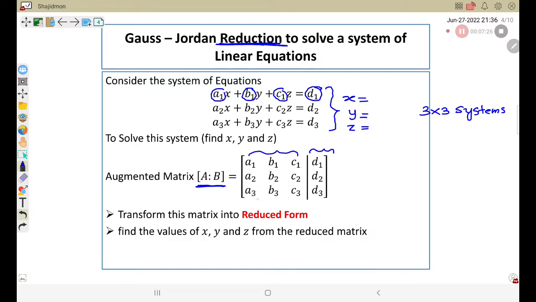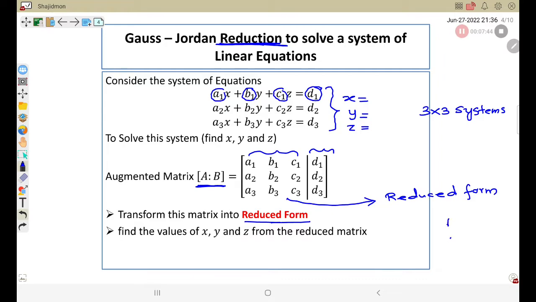Now transform this matrix into reduced form by using the row transformations that we discussed in the 5.2 section. What is the meaning of reduced form?